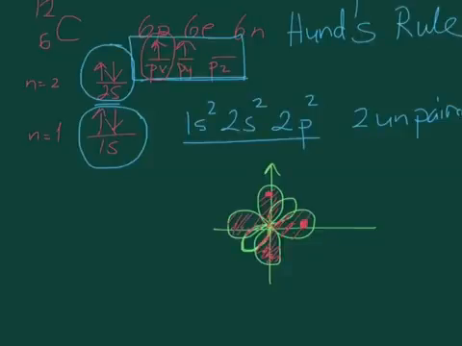So this pz orbital is going to stay without any electrons. You can see that the situation in carbon is an unbalanced situation where the symmetry is destroyed. In that case, we can say that carbon does not have spherical symmetry.